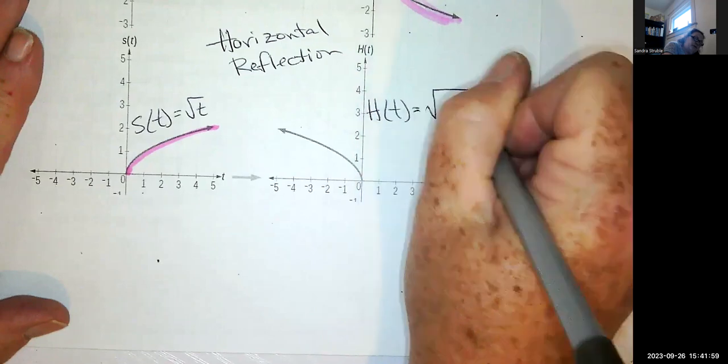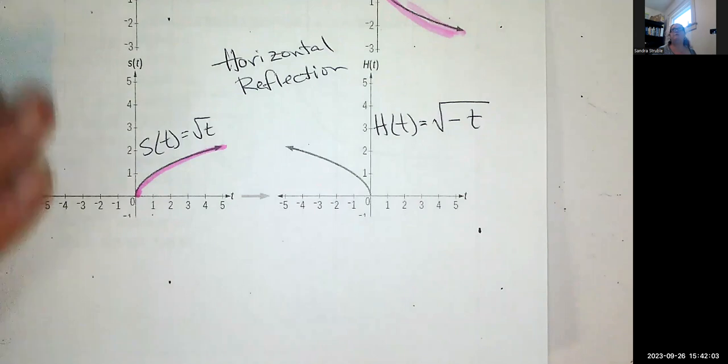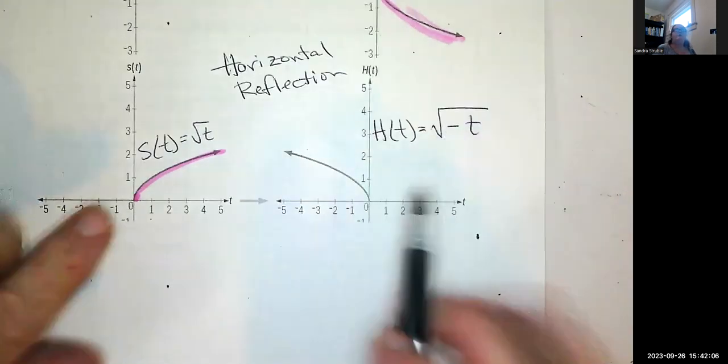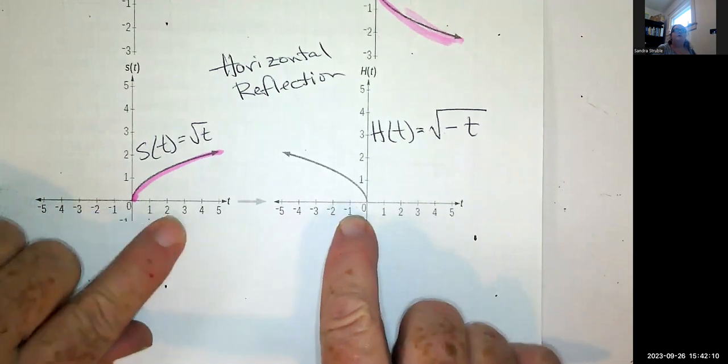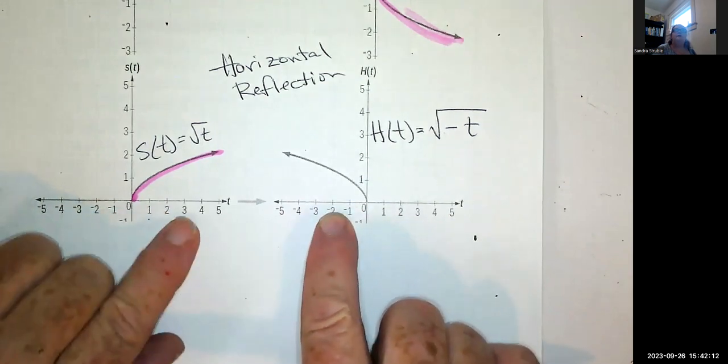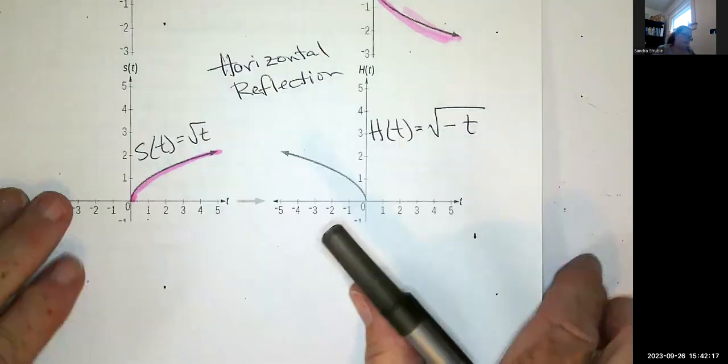It has to take the original function and the negative has to be inside because it's going to change the original independent variables. The t's changed from being at 1 to -1, from 2 to -2, 3. So it truly is a mirror image, a reflection across the y-axis.